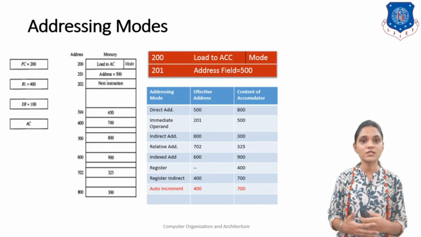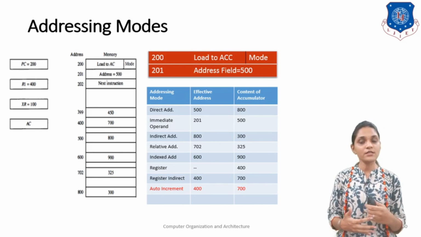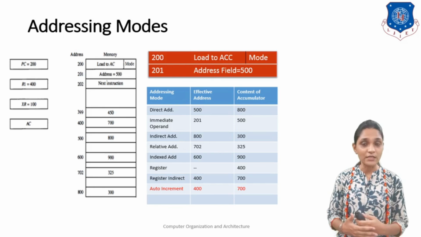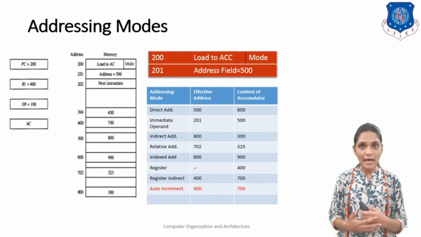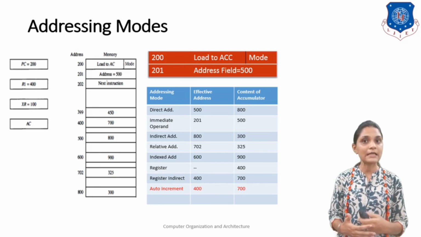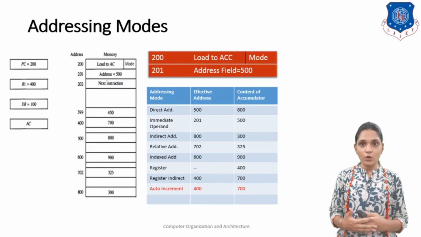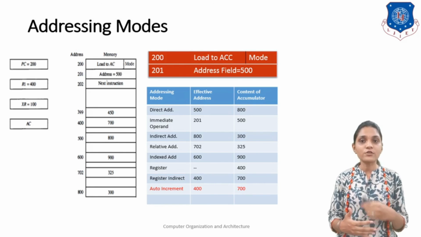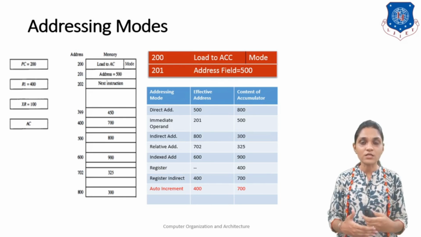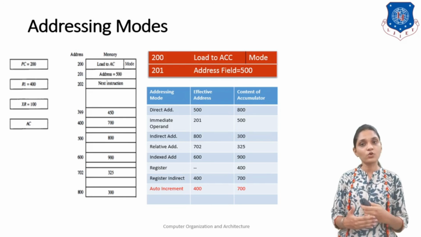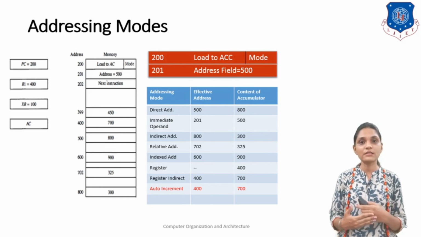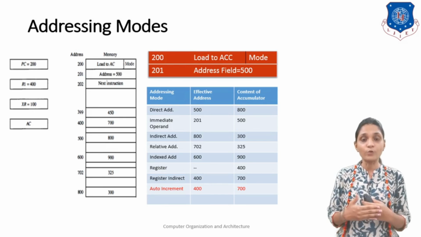So by the end of this instruction, your 700 is going to be stored into the accumulator. But by the end of this instruction, the content of your R1 register is going to be changed to 401. So after storing the content from that location, the content of that register is going to be incremented by 1 in this auto increment addressing mode.